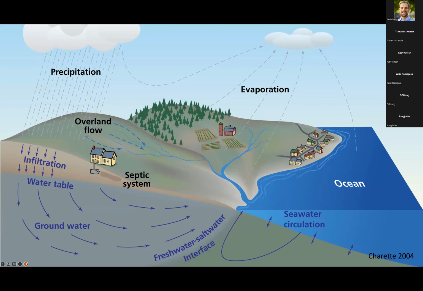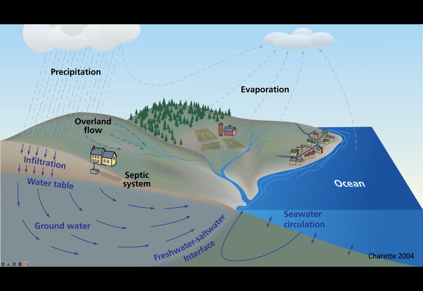So I'll start with this cartoon of the subterranean estuary and think about, okay, why do we measure things in the subsurface, and what are the implications for the coastal ocean? This system shows that there's a large infiltration of terrestrial water inland. That water enters the groundwater table and then flows towards the coast due to a hydraulic gradient.